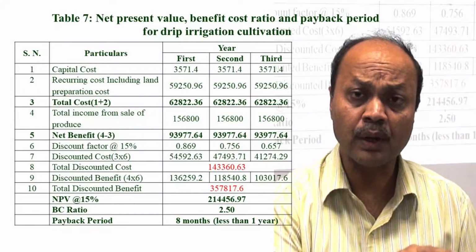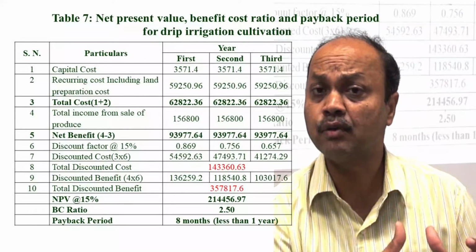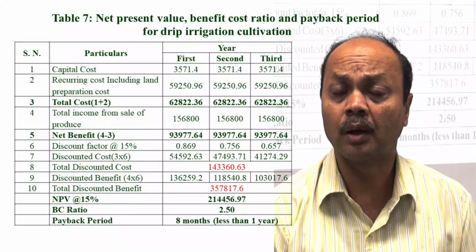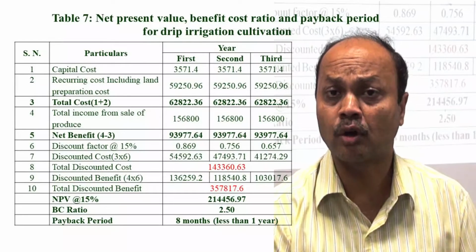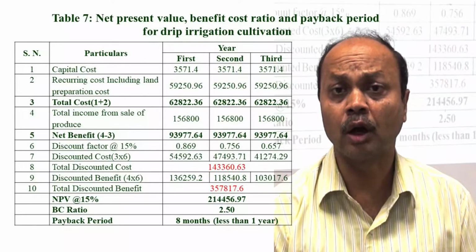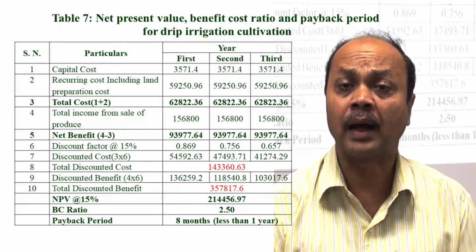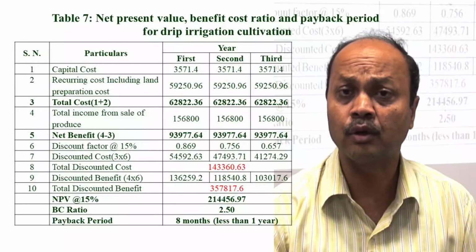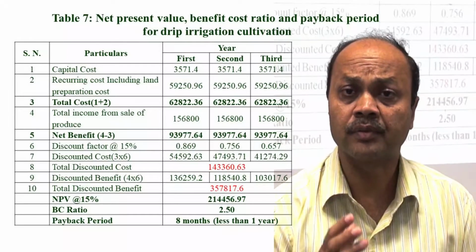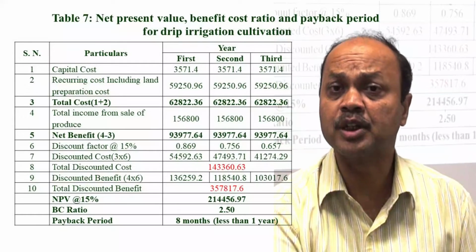You can see here that we have taken capital cost for 1 year, but initially, when you are installing the drip irrigation system, you have to incur all the cost. Maybe there are various factors. You have not considered the subsidy part, right?